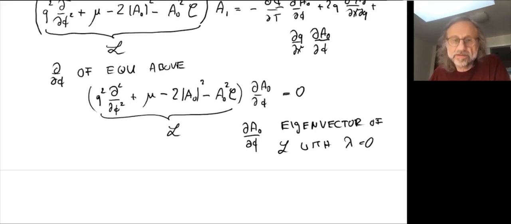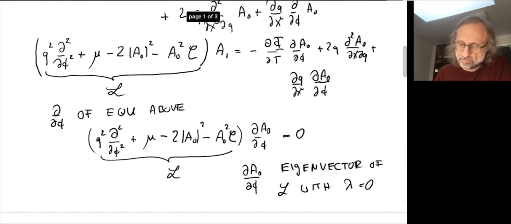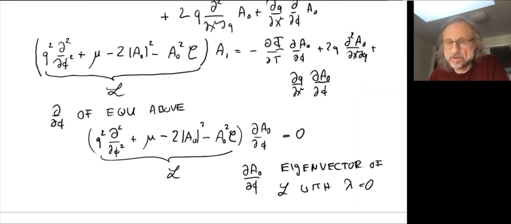Okay, so L is singular, and that means we get a solvability condition imposing constraints on the inhomogeneity on the right-hand side, which is good, because that's where you see we have a time derivative of the phase, we have some derivative of q, which is the derivative of the phase, and we have some other terms with the phase. So this will give an evolution equation for the phase if we only figure out how to do the solvability condition.